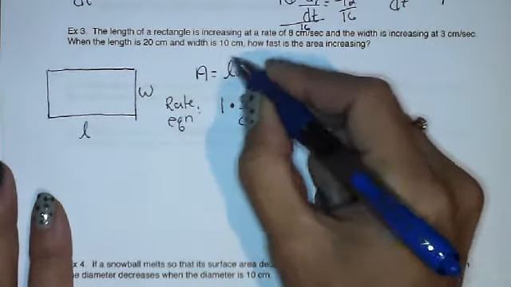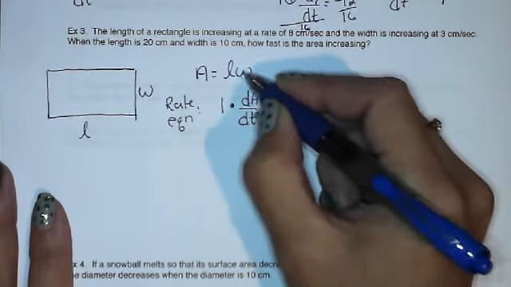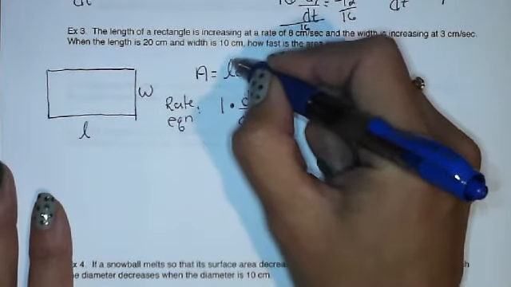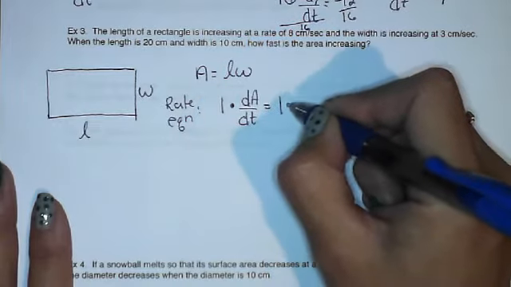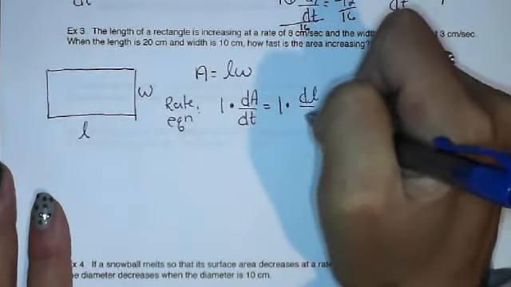So our rate equation: derivative of A is 1, times its rate with respect to time, dA/dt. Over here, just like earlier, you have to do product rule, because each one is a variable and they're multiplied. You don't just do derivative times derivative; you have to follow product rule.